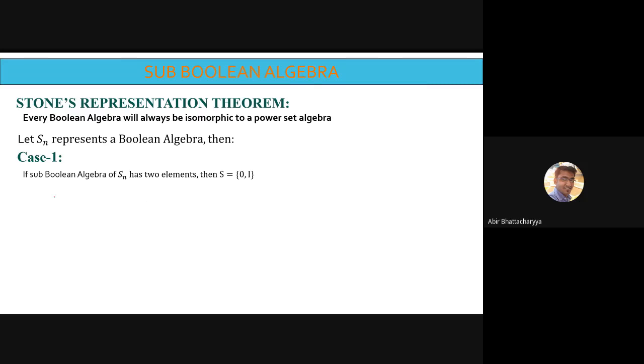Case number 1 is if the sub-Boolean has only 2 elements. As I told you, it can have 2, 4 or 8 elements. 2 elements is the first case. These 2 elements should obviously be the 0 element and the I element. No other elements are possible. One is the 0 element, another one is the I element.